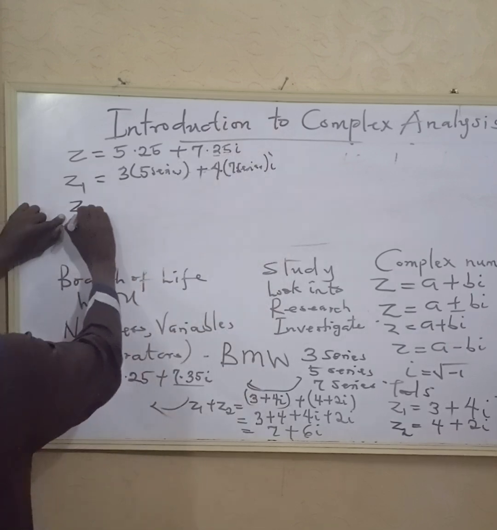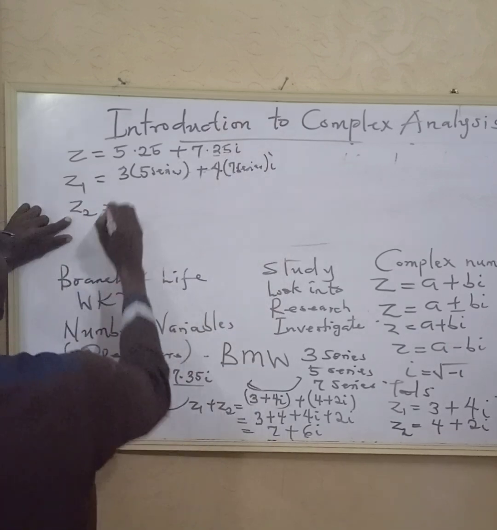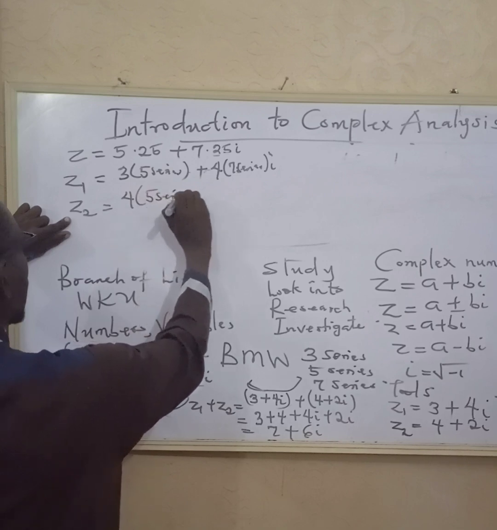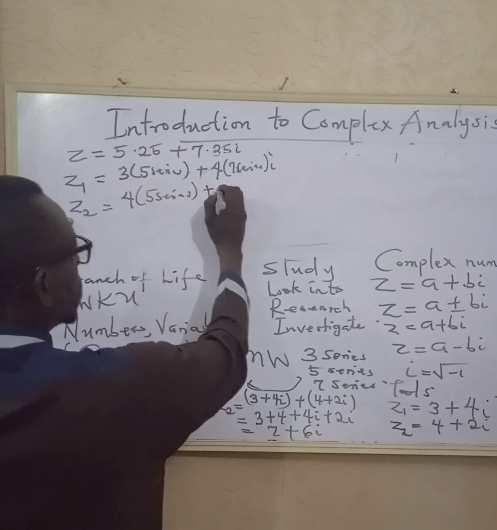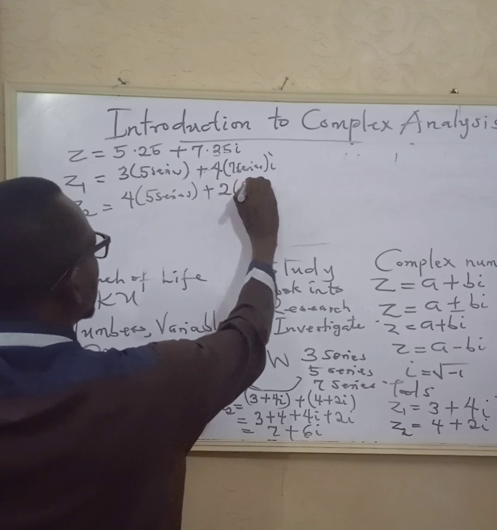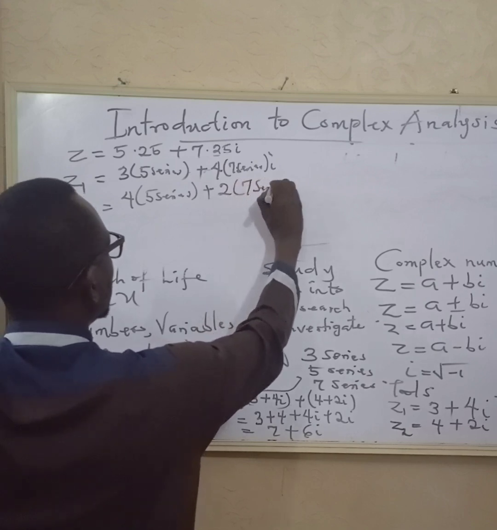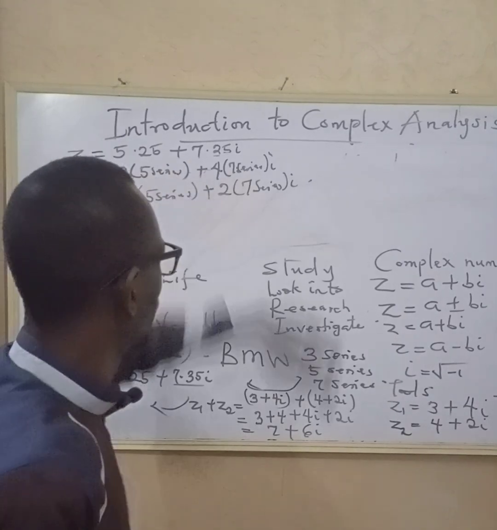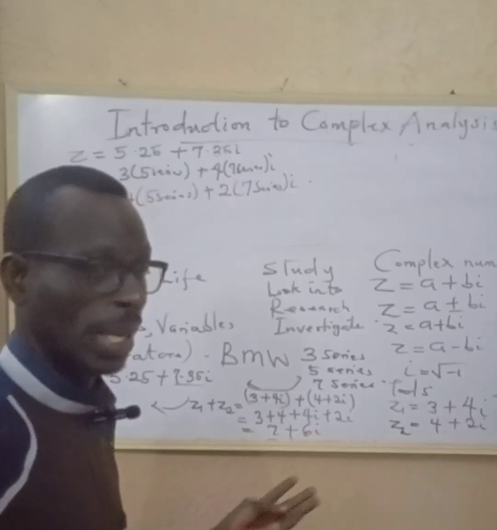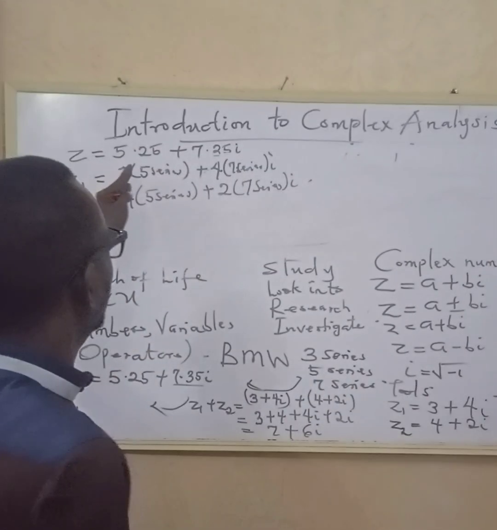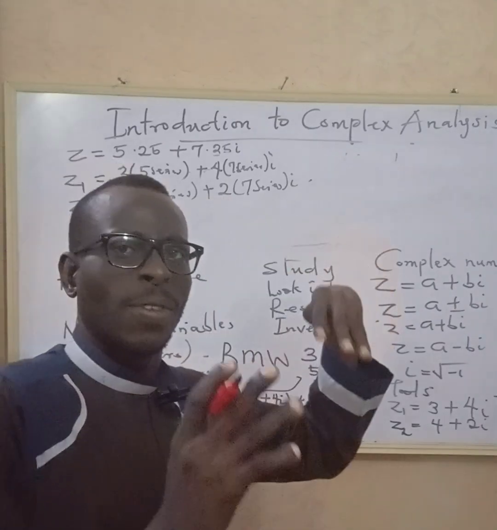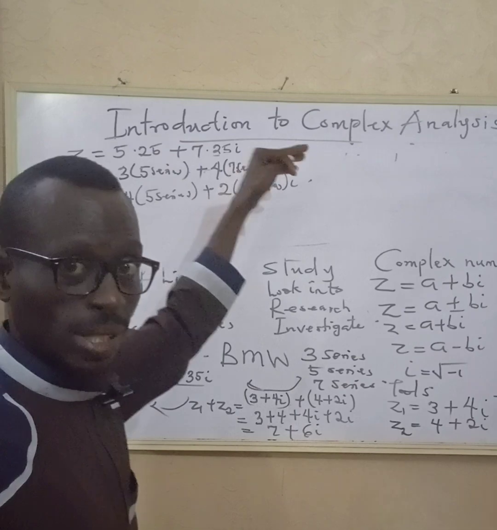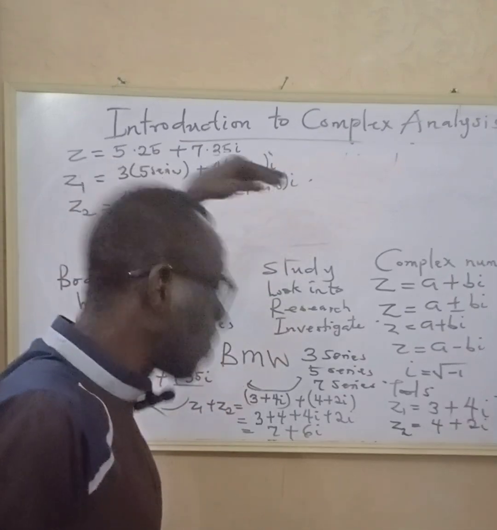And another car lot, we have Z2, 4 of 5 series plus 2 of 7 series limo. This is a car lot. A car lot simply means a garage. You have three numbers of 5 series in that car lot, and 4 numbers of 7 series limo in the same car lot.